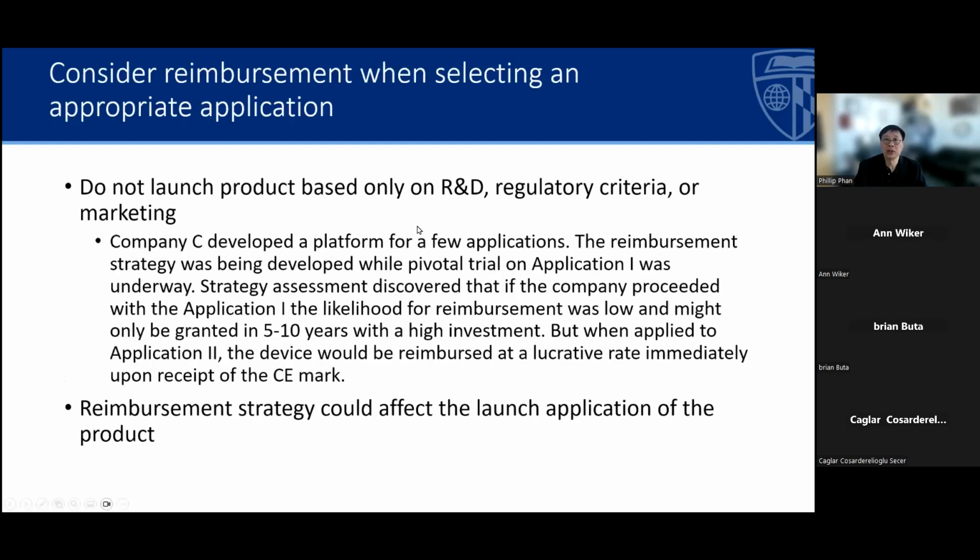Consider your reimbursement strategy early. Don't launch the product based only on R&D, regulatory criteria, or marketing. I know we focus a lot on making sure that your product can meet regulatory criteria, especially if you want to get a 510(k) stamp from the FDA.